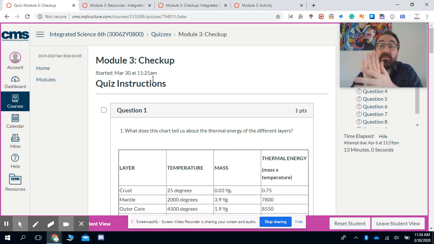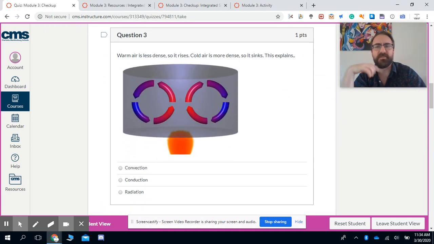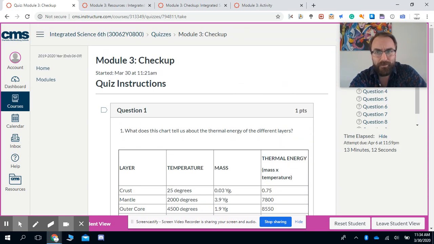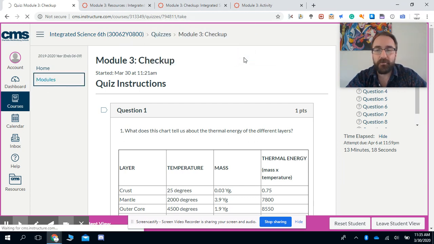Whatever helps you answer these questions, get them right. Like if you forgot what this thing is, you have to go back and look it up. When you are finished with the checkup, I'm not done with it yet.